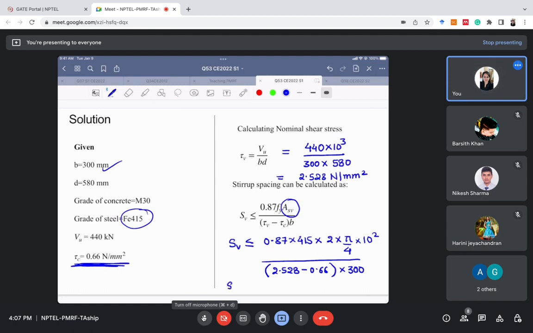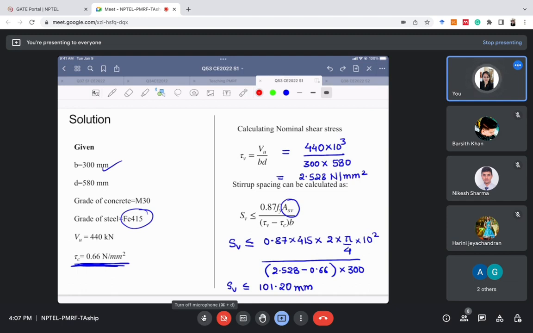I am getting 101.20. Please check your calculation. I'm getting Sv as 101.2. So you have to do a lot of practice, otherwise these small mistakes, although your answer is very similar, but the range was 100 to 102, I guess. So in that way it could be wrong.